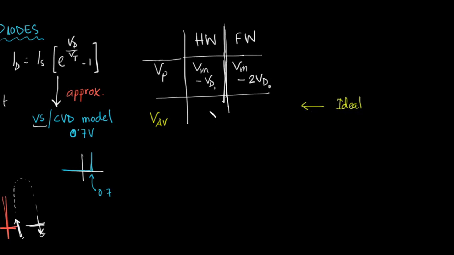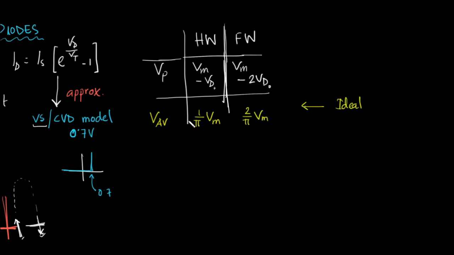The values we have found are V average is 1 by pi Vm for a half wave rectifier, and for a full wave rectifier it will be 2 by pi Vm.